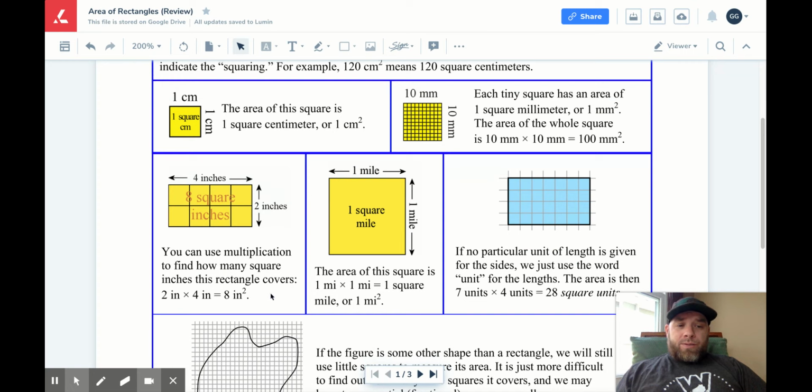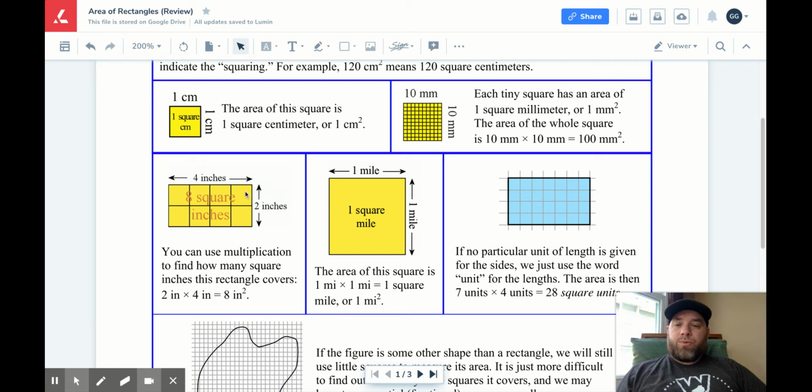So finding area is relatively easy. It's basic multiplication. You're multiplying these 2 numbers together, and you're finding the measurement in square units of the inside of a rectangle or a square. So you can use multiplication to find how many square inches this rectangle covers.